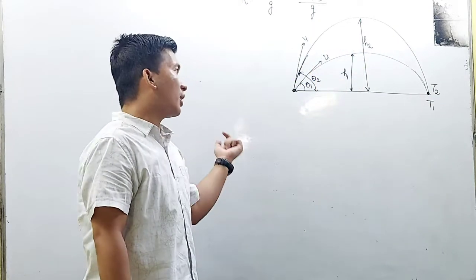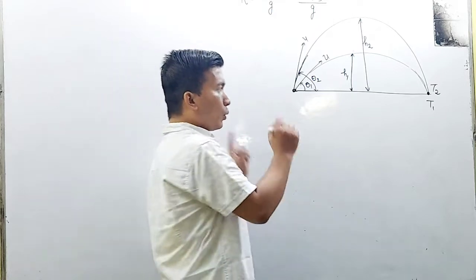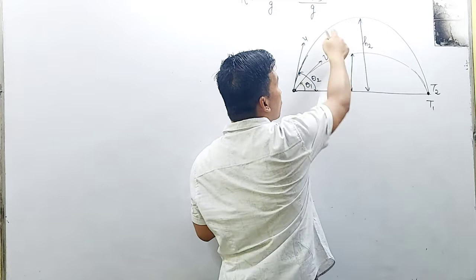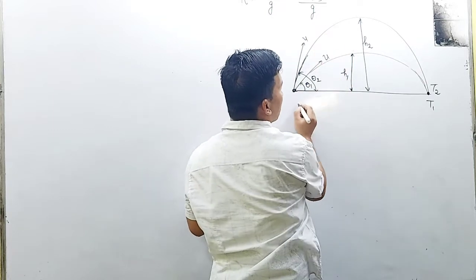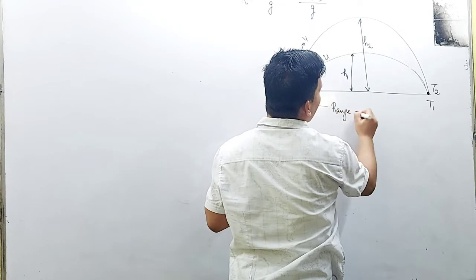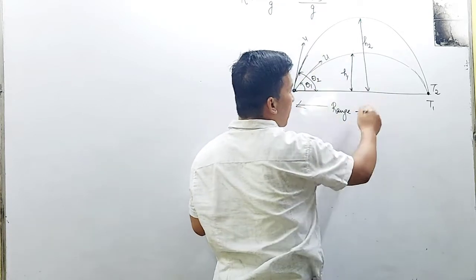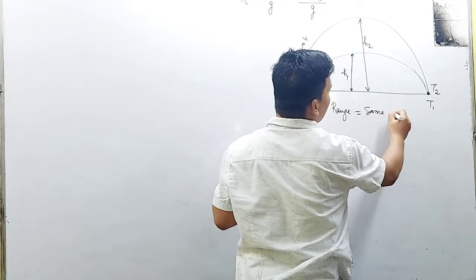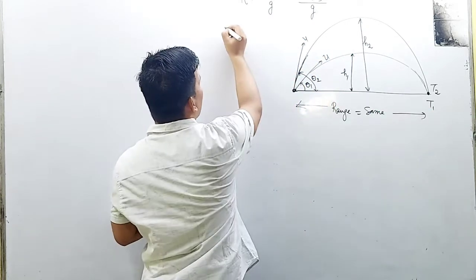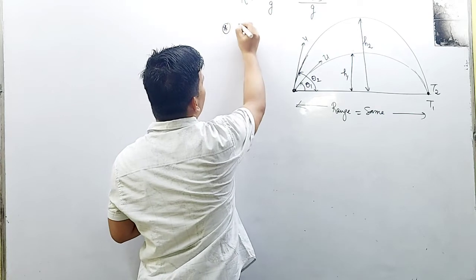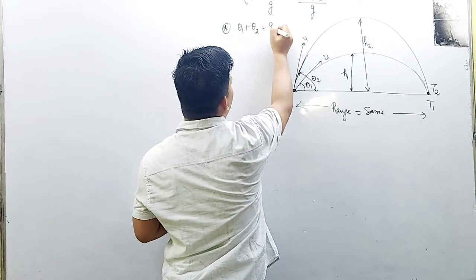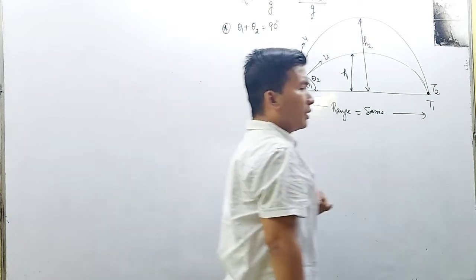Understand that the only common parameter in both projectiles is the same range. The range for these two projectiles will remain the same. Condition number 1 is that theta 1 plus theta 2 must be equal to 90, complementary angles.